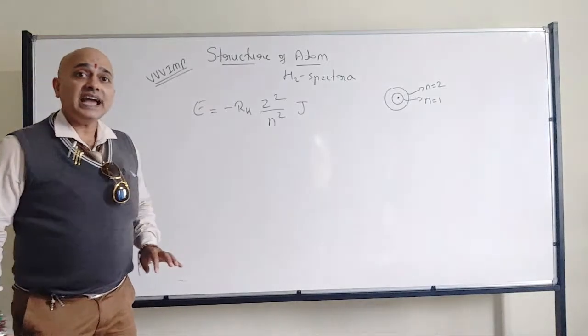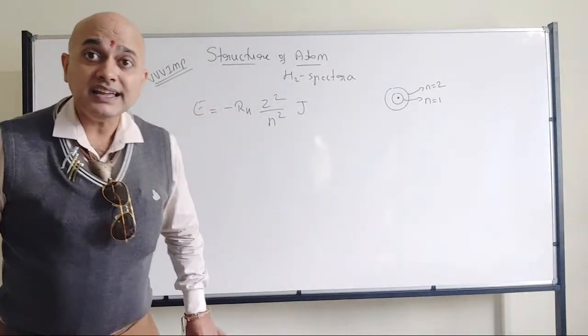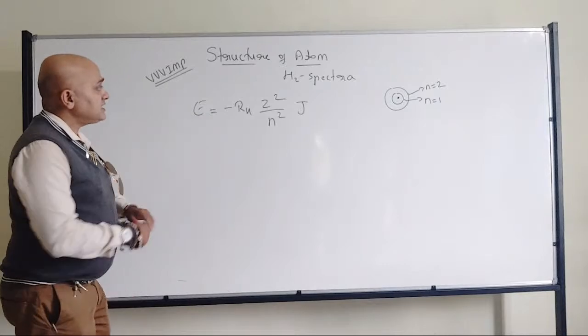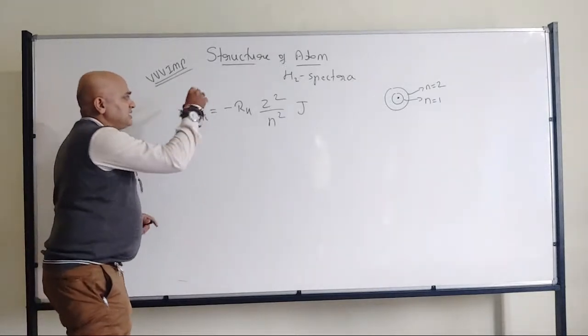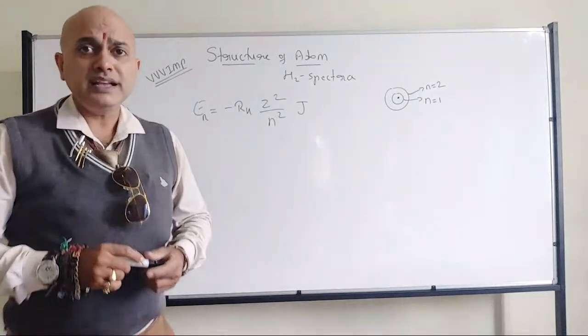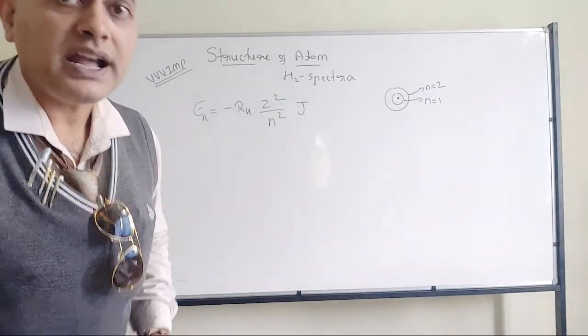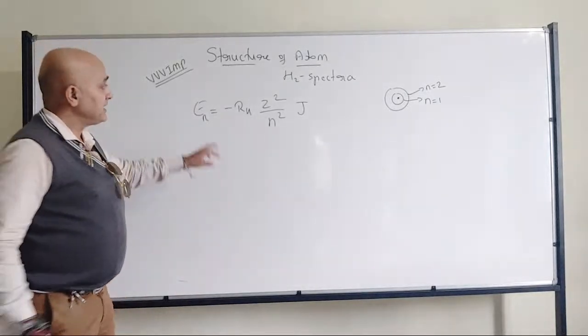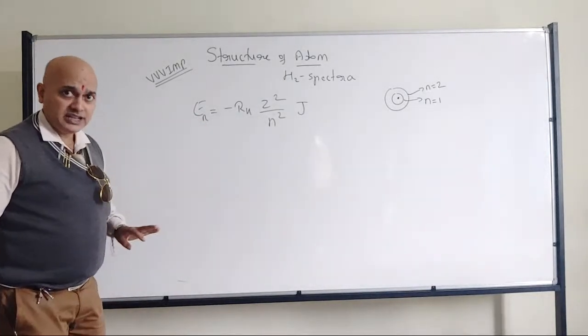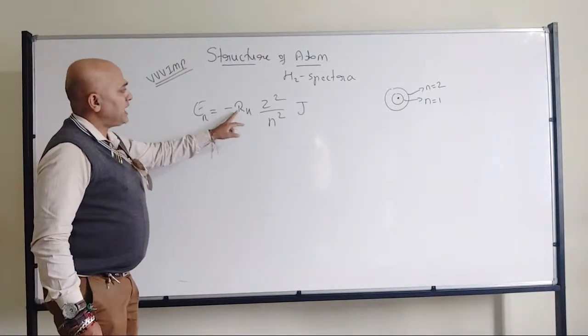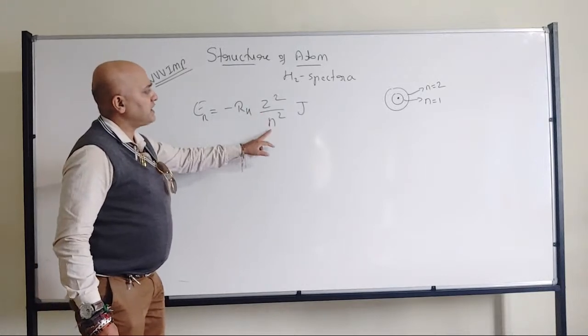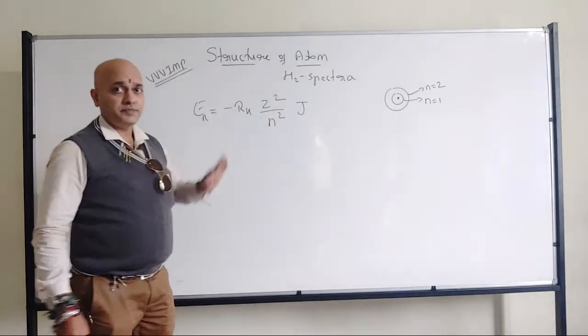When I see the energy equation, we can clearly see that En means energy of any energy level. Energy of any energy level will be equal to minus RH Z square divided by n square joule.